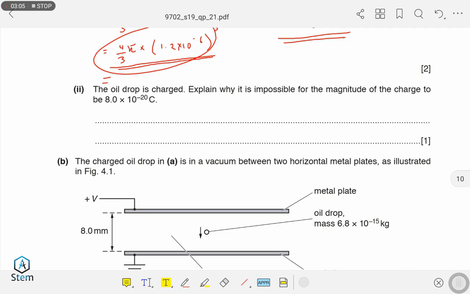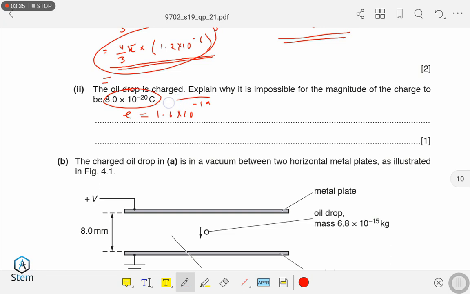Okay, looking at this question, I was thinking about dividing this value by the elementary charge, but I'm seeing that we are raising 10 to the power of minus 20, which is actually smaller than the elementary charge e, which is equal to 1.6 times 10 to the power minus 19.